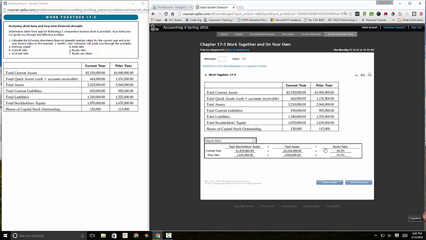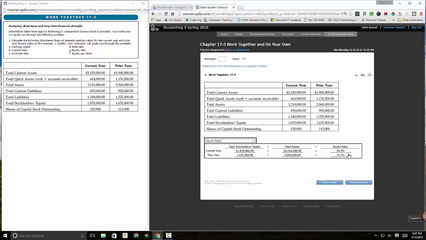Okay, so this is what I talked about, where you can take the two and add them together. When I look at my equity ratio, the current year is 58.3. If I add 41.7, my debt ratio, and my equity ratio together, that gives me 100. So what does this number represent?